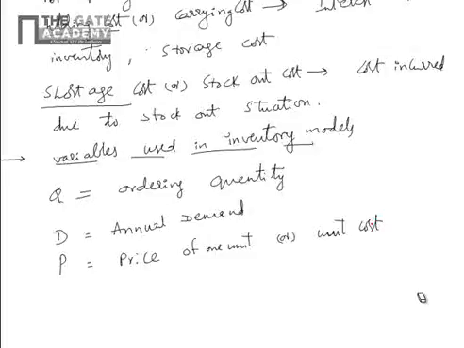So next one is carrying cost. C1 is equal to holding or carrying cost.